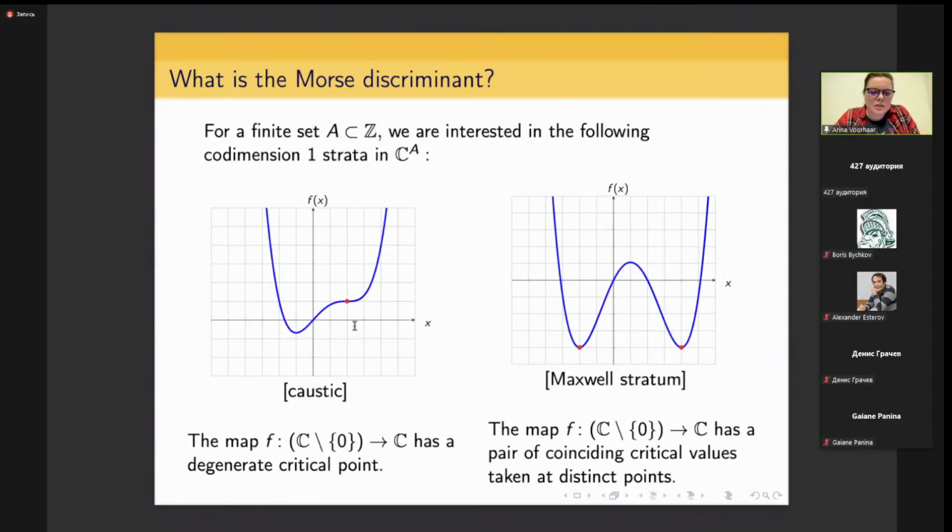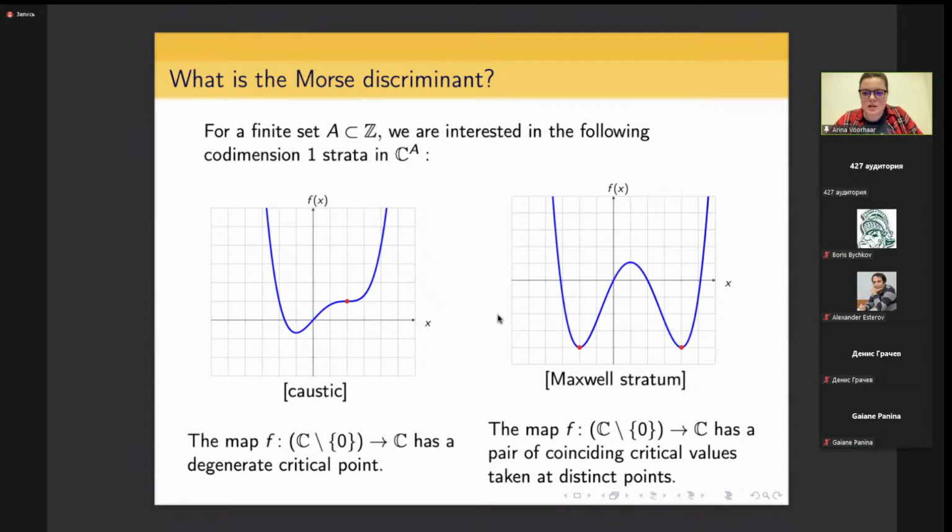The caustic contains polynomials in the space CA, with support A, such that if you view them as functions from the algebraic torus to C, then they have a degenerate critical point. So basically, at some point, the first and the second derivatives vanish. Another locus that we're interested in is the Maxwell stratum.